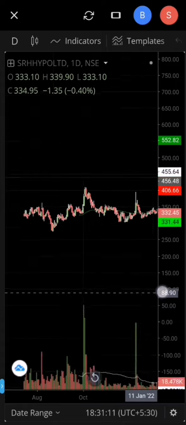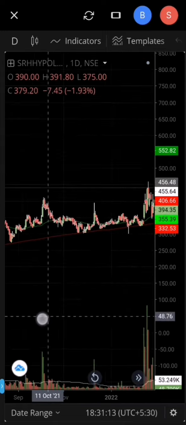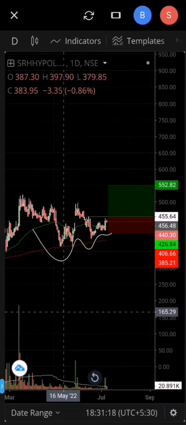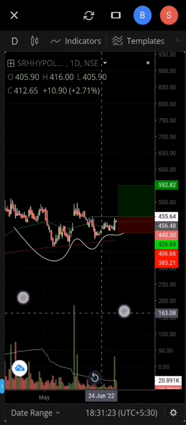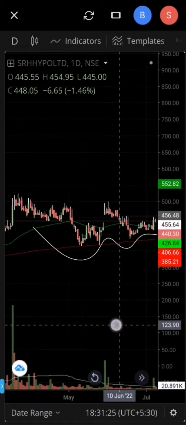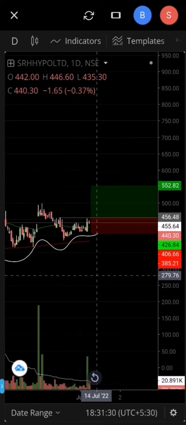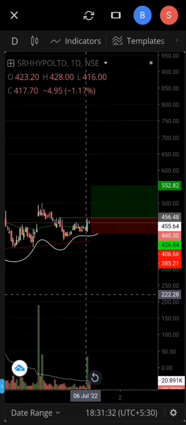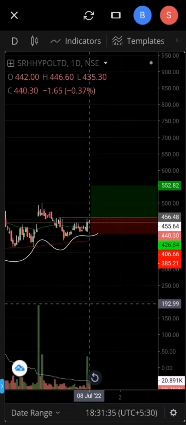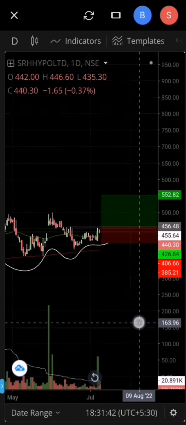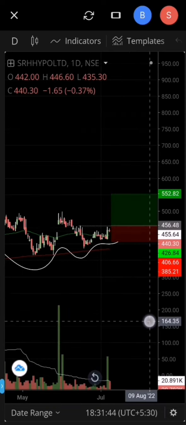The stock is in an uptrend, as you could see. The 50-day and 200-day moving averages are going along with each other. Here the stock is making some contractions: 1, 2, and the third contraction. I think this is currently undergoing, after 6th July, from 8th July, the stock is going through the third contraction, possibly.